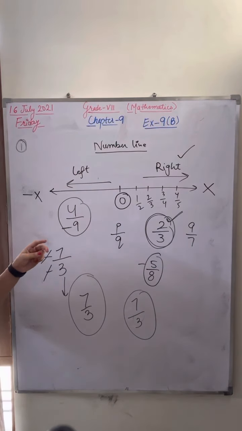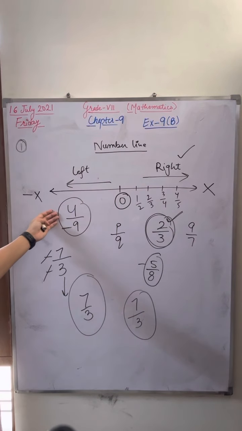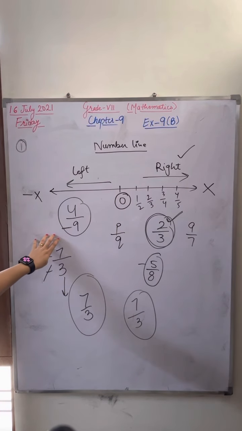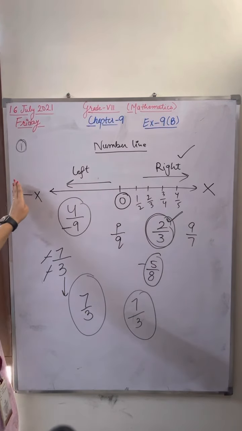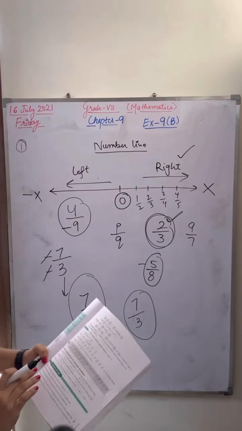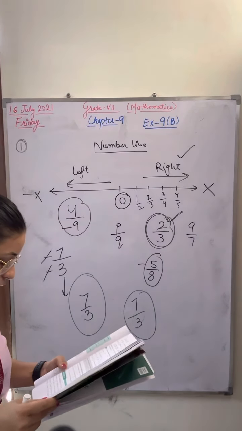Very good. If either the numerator or the denominator is negative, the rational number will be negative. And all the negative numbers will lie on the left hand side of 0. So the second question is again true. Very good.